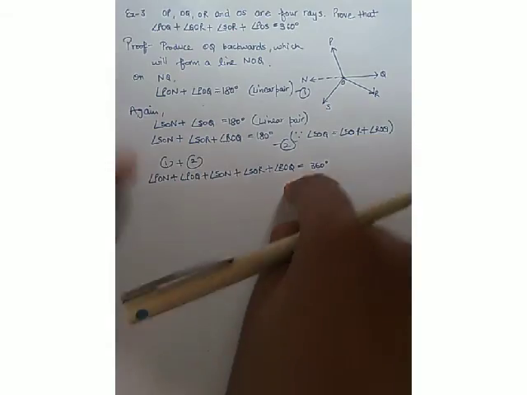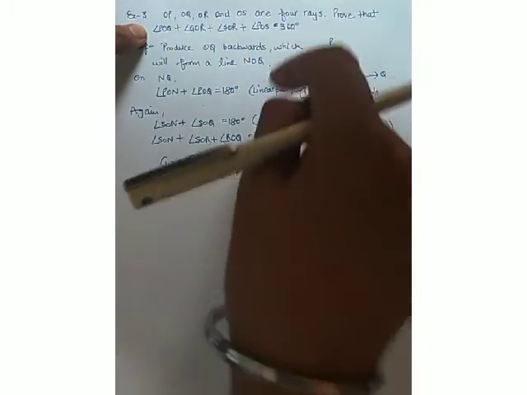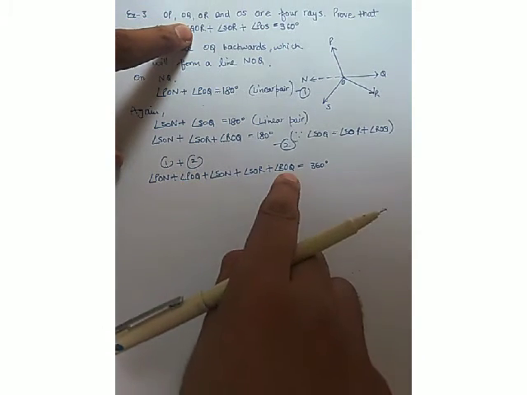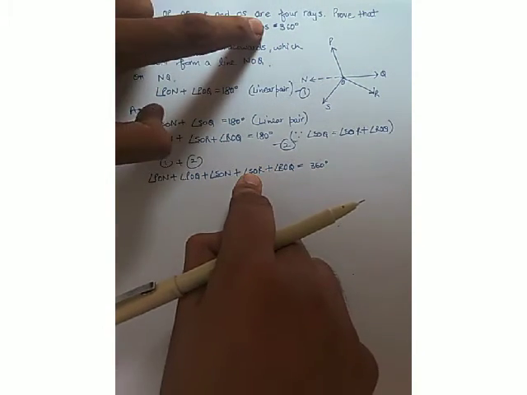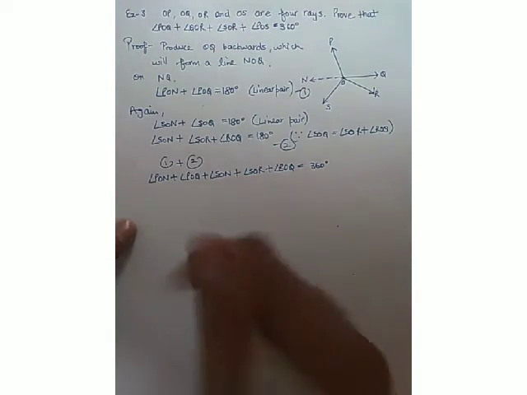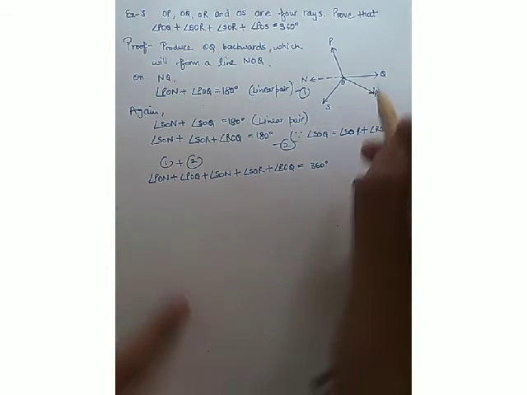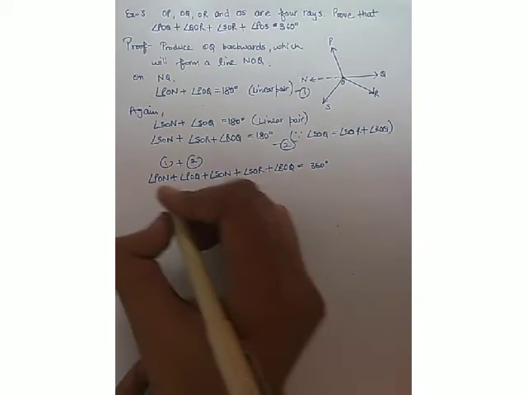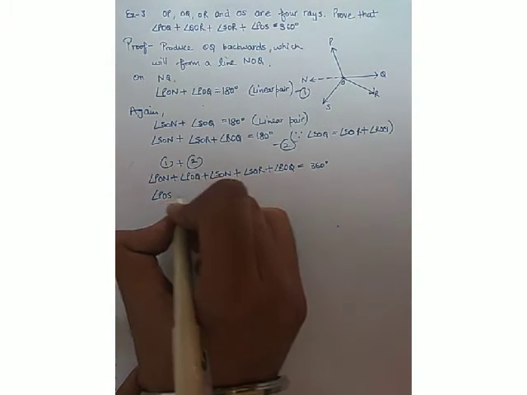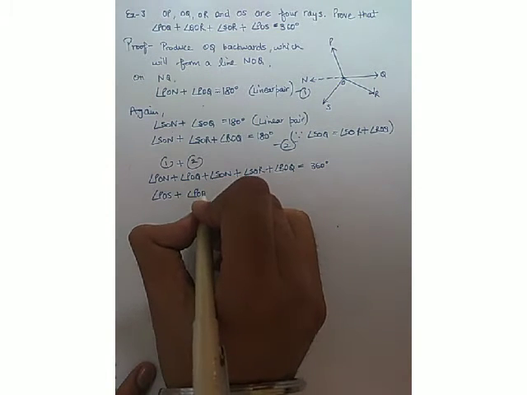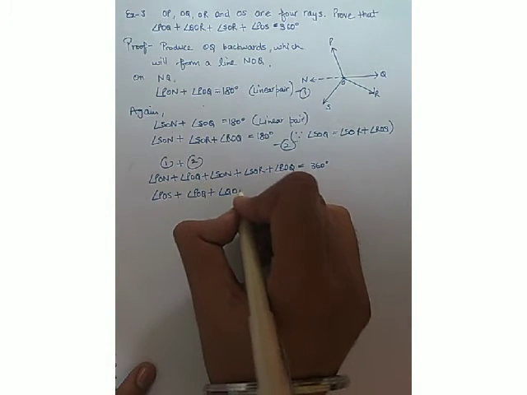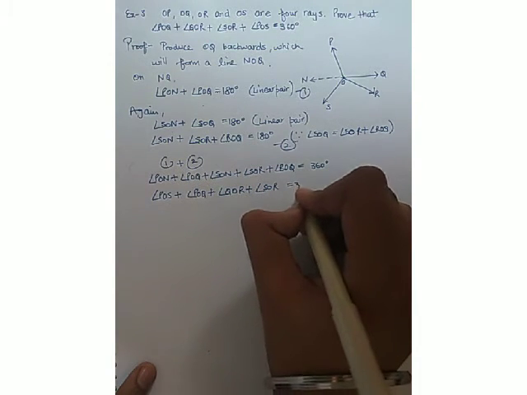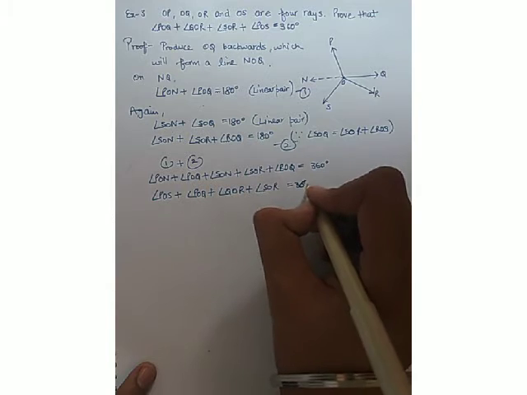Now there are five angles, but in the statement that we have to prove, there are only four angles. POQ is there, QOR is there, SOR is also there, only POS is not there, but two angles are extra. So PON plus SON, it's clearly making POS. So we will write angle POS plus angle POQ plus angle QOR plus angle SOR is equal to 360 degree.